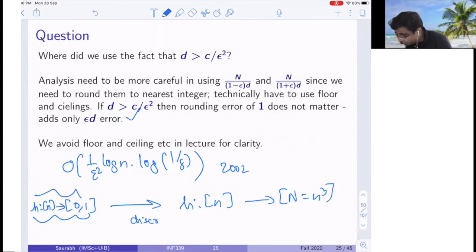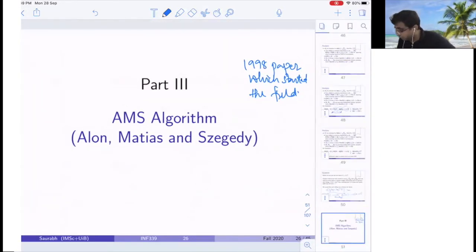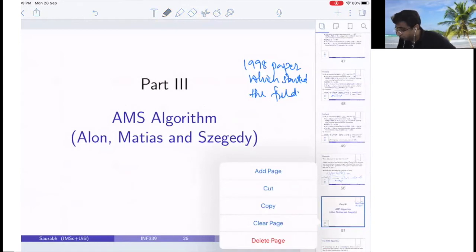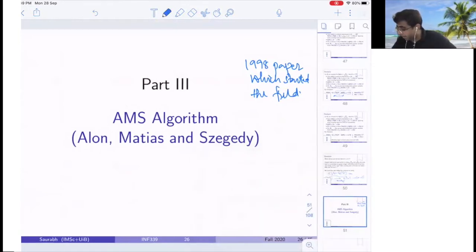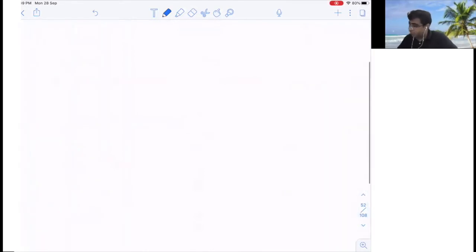This is yet another approach to do this.